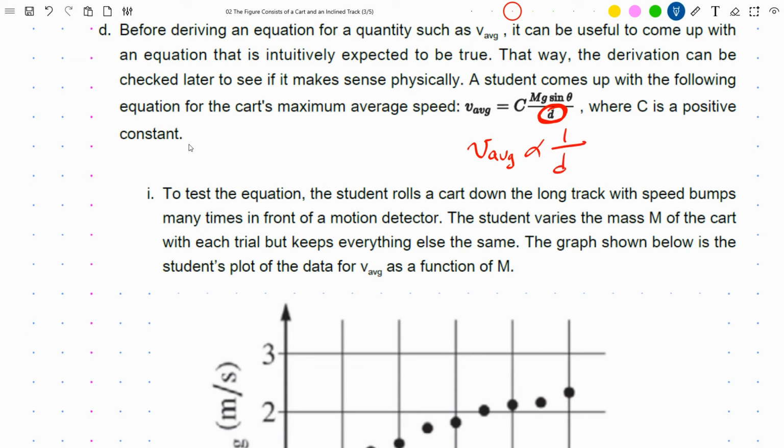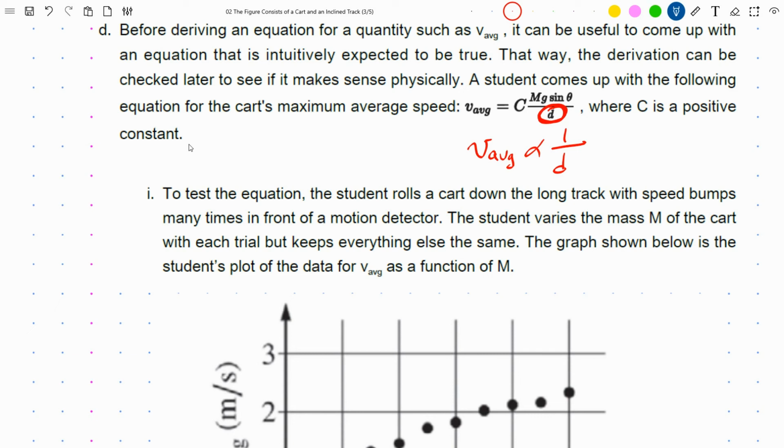This equation is predicting an inverse relationship, which is to say, if you increase the distance and don't change any of the other things on the right side of the equation, then this equation says you should expect there to be a lesser average speed, like it's going to slow down on average. That doesn't make sense. In fact, that's the exact opposite of what we've already explained.